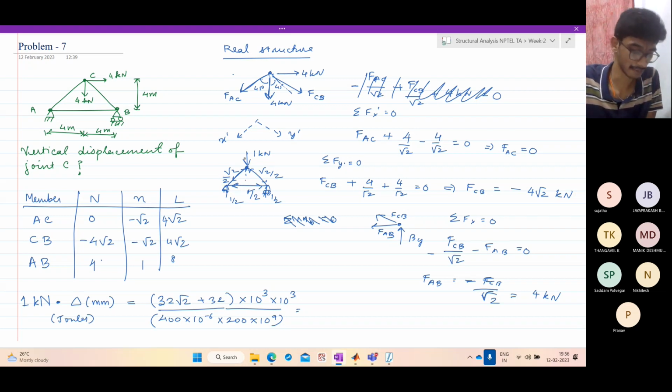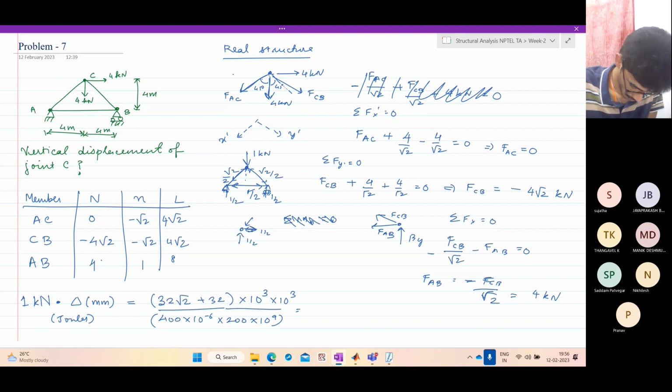Now it is consistent. So if you go to this joint A, you have half, half, half, and half.